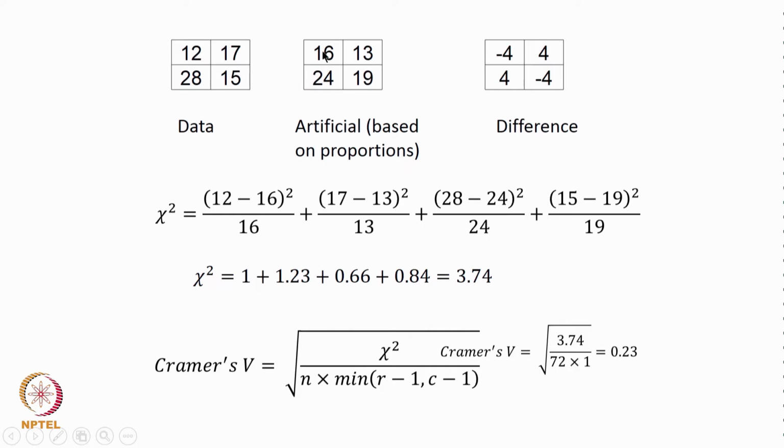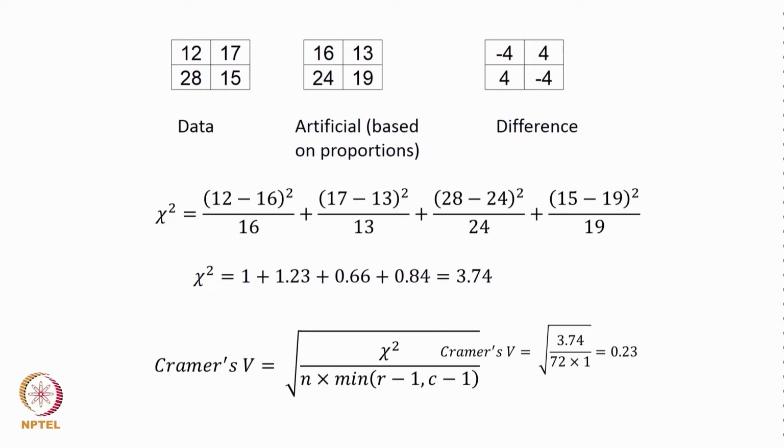We had this 12 minus 16 the whole square divided by this 16, 17 minus 13 the whole square divided by this 13, 28 minus 24 the whole square divided by 24, which is here, and 15 minus 19 the whole square divided by 19, and when we do this computation, chi-square becomes 3.74. So, we calculate this number called chi-square, which is 3.74.